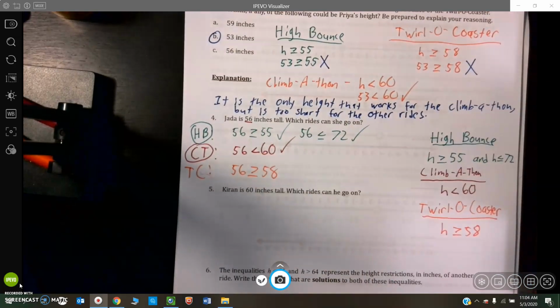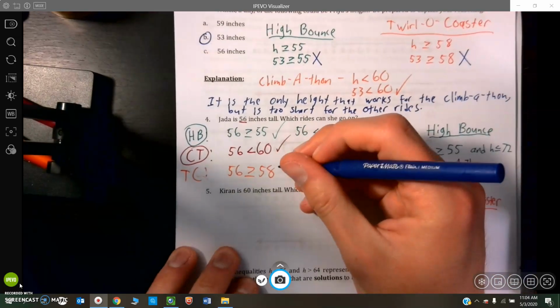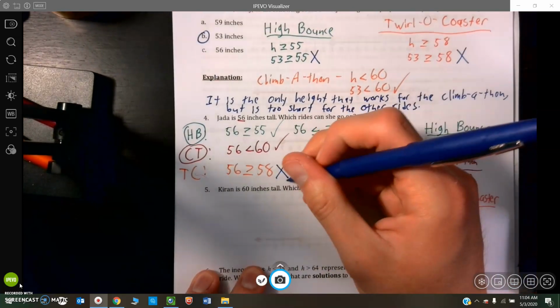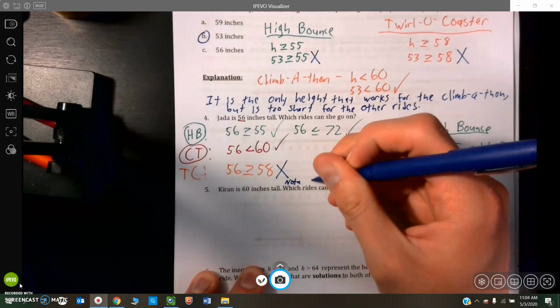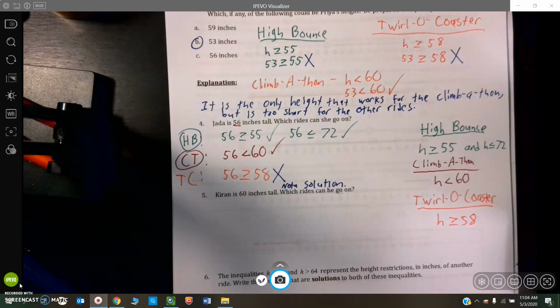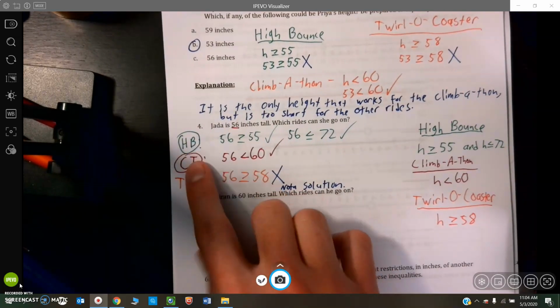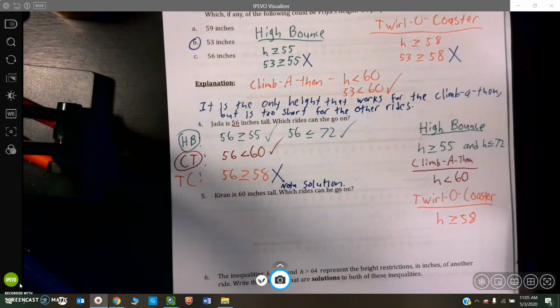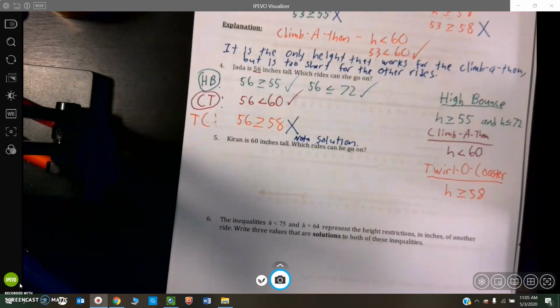Is 56 greater than or equal to 58? No. So that is not a solution. Not a solution. So, to write your answer as a sentence, Jada can ride the high bounce and the climathon, but not the twirlicoaster.